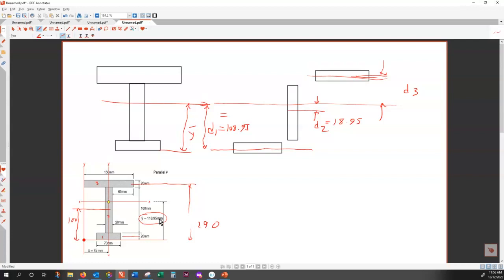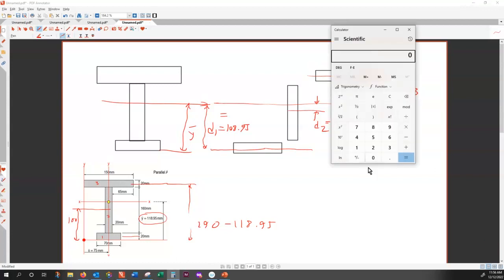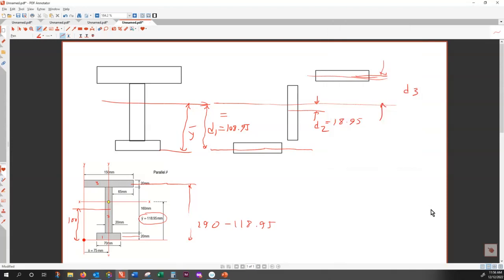So 190 take away 118.95, that is equal to 71. So this is 71.